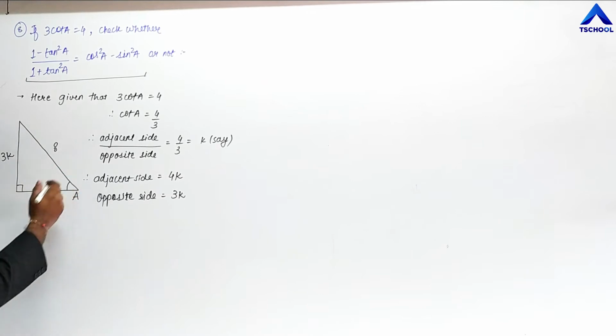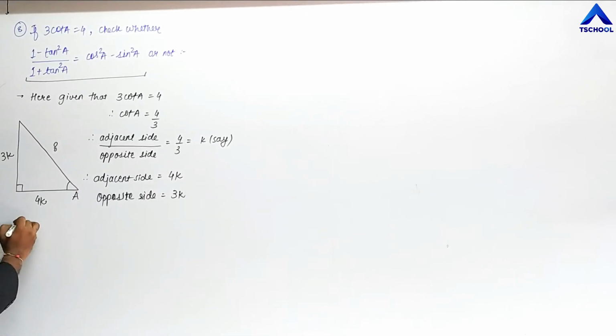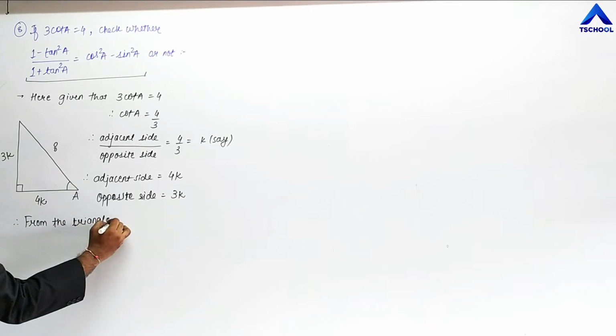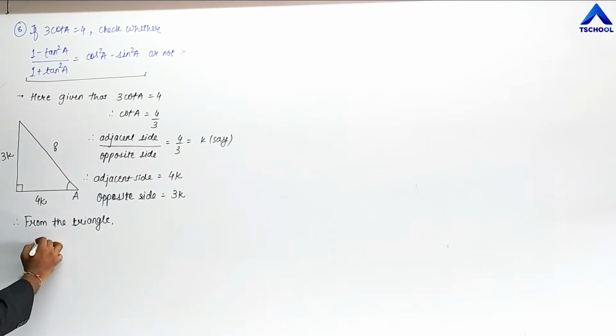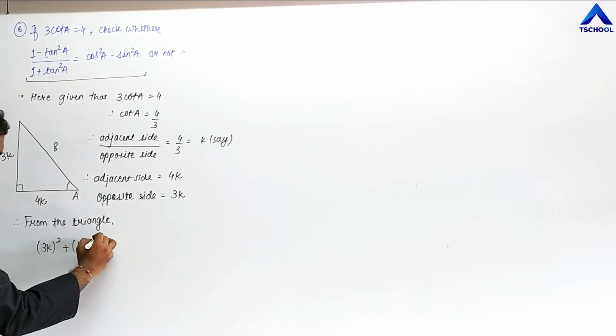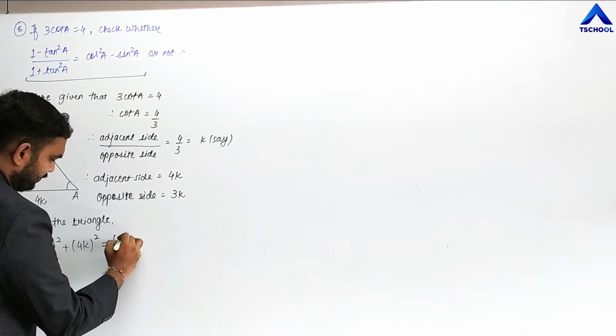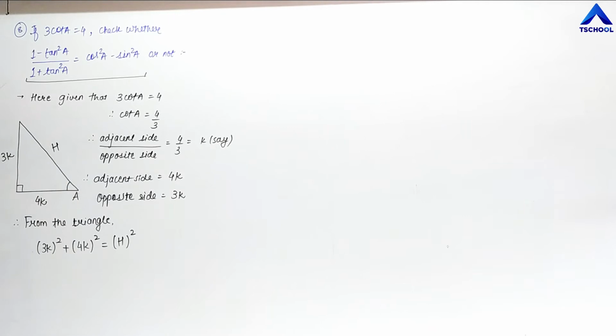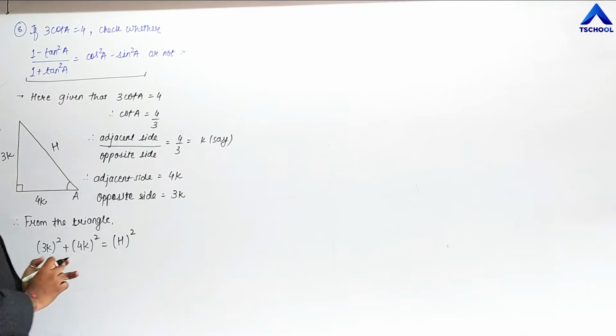So if we use the Pythagoras theorem, from the triangle you can write 3K square plus 4K square is equals to hypotenuse square. Let us say that this is our hypotenuse H. Directly we can write it like this, no need to write adjacent side square plus opposite side square is equals to hypotenuse square, right?